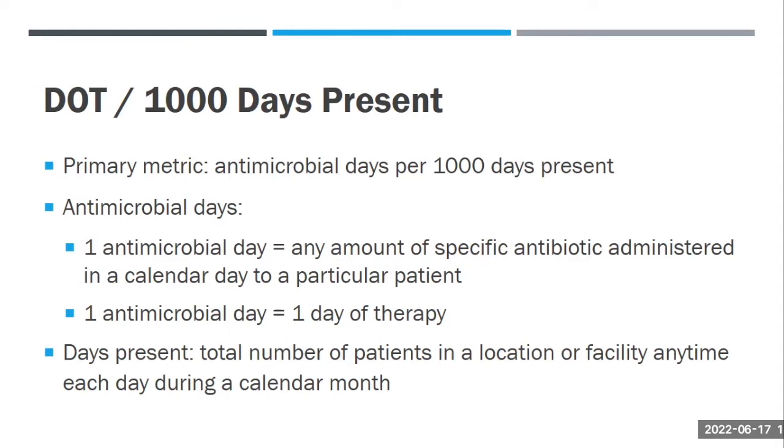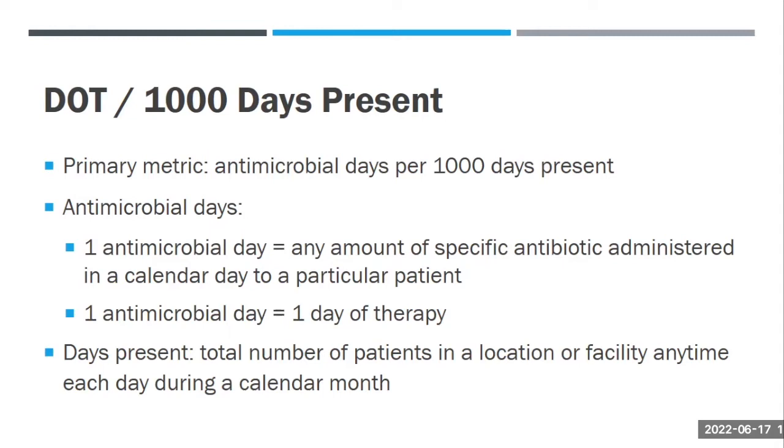So if a patient is on ceftriaxone and metronidazole, for example, for an intra-abdominal infection, then for your individual days of therapy, ceftriaxone would count as 1 day and metronidazole would count as 1 day. If you're looking at the total days of therapy per 1,000 days present, then because they received a dose of each of those, that would be 2 days of therapy.